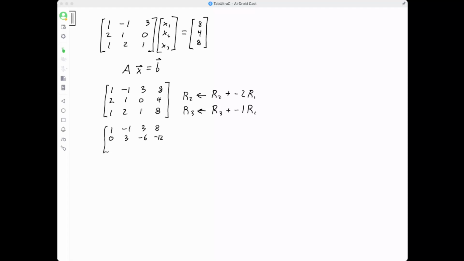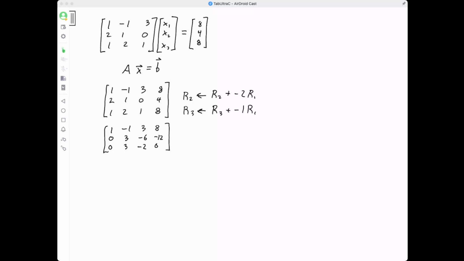And my third row becomes 1 plus a -1 is 0. 2 plus a -1 times a -1 is 2 plus 1 is 3. Then 1 plus a -3 is -2. And 8 plus a -8 is 0.